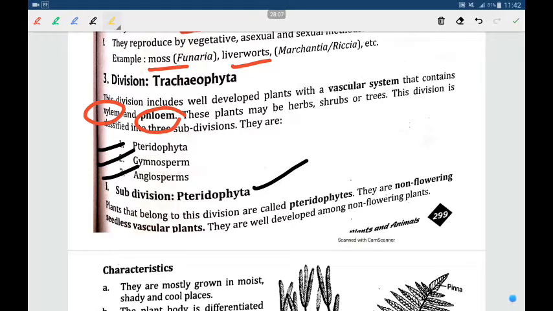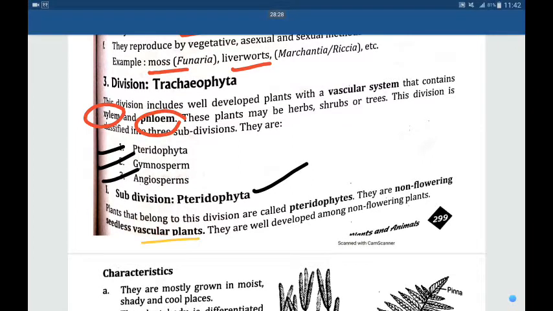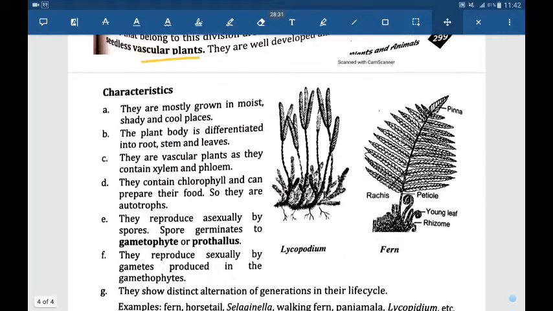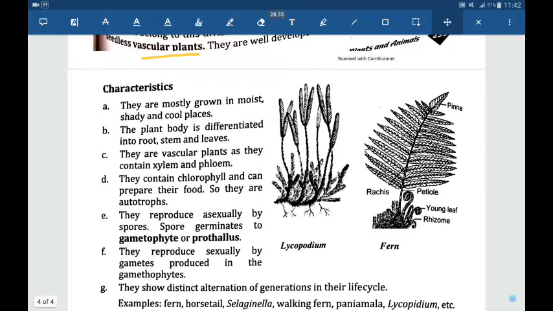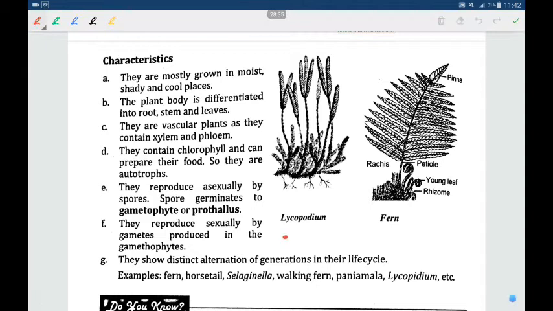They are non-flowering plants which contain xylem and phloem. They do not bear flowers, but they contain xylem and phloem. What are the examples? Like fern, you have seen.